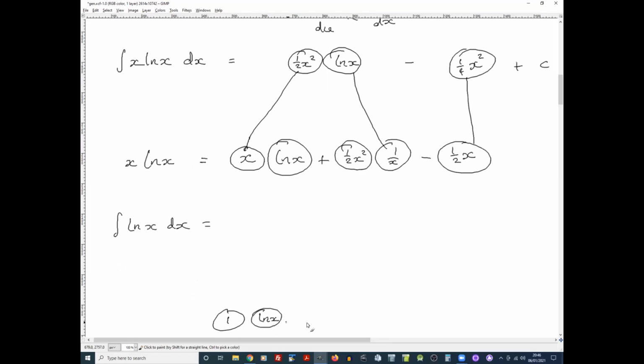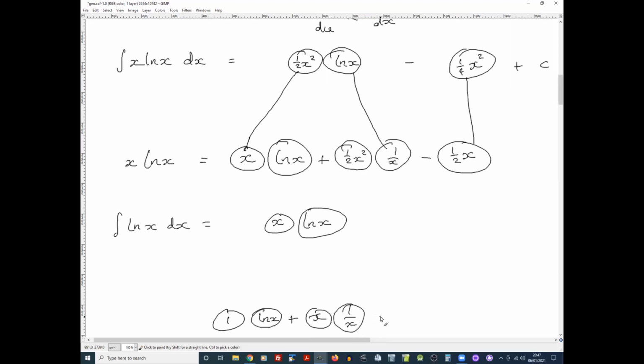You can see what's going to happen up here. One would integrate to x, and then you'd have x log x, and down here you'd have x times 1 over x.